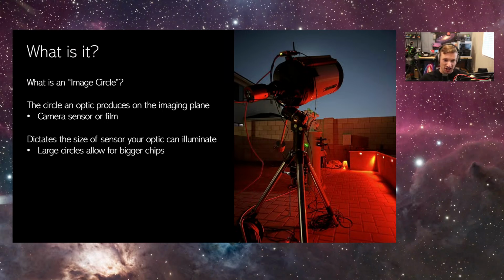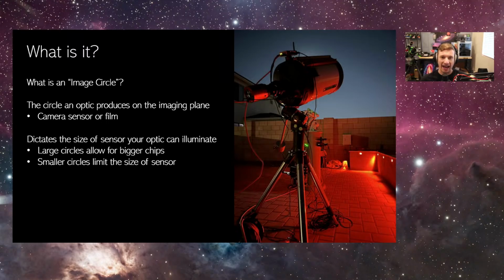So large image circles allow for bigger chips, smaller chips. So pretty straightforward with all of that. But the image circle is what ultimately dictates the size of the sensor that can be used on that optic, be it a camera lens or a telescope. It's all the same.